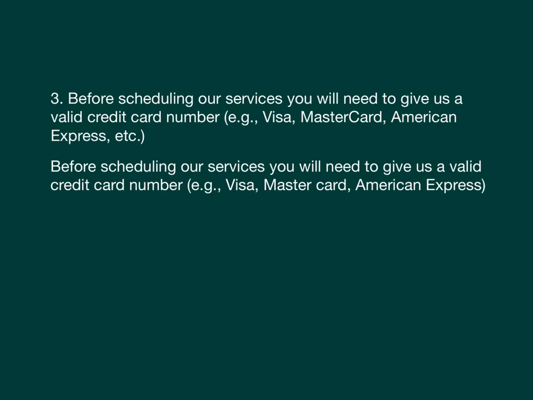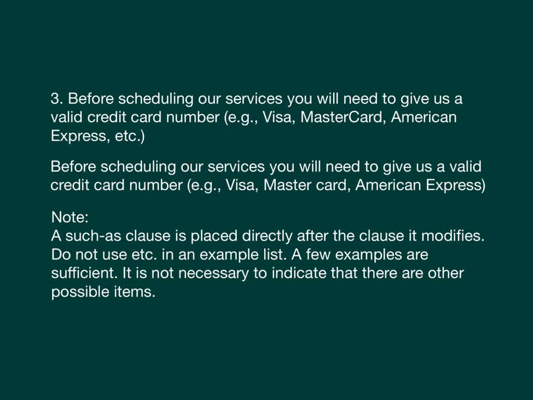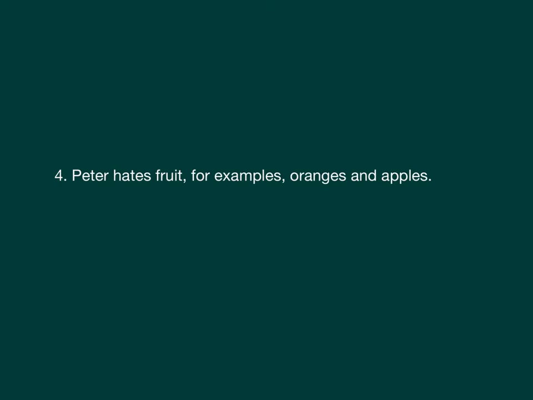In this case, since you already use e.g., you do not need to have etc. at the end of the sentence. Simply saying e.g., Visa, MasterCard, and American Express will do. Further note, a such as clause is placed directly after the clause it modifies. Do not use etc. in an example list. A few examples are sufficient and it's not necessary to indicate that there are other possible items.